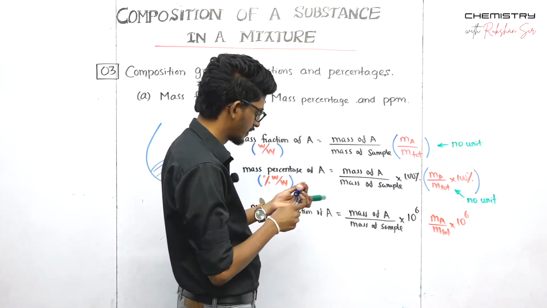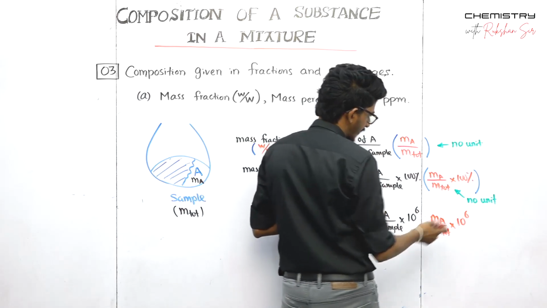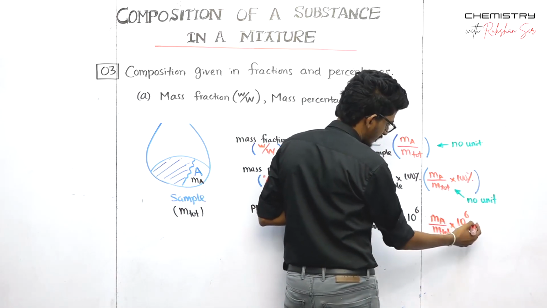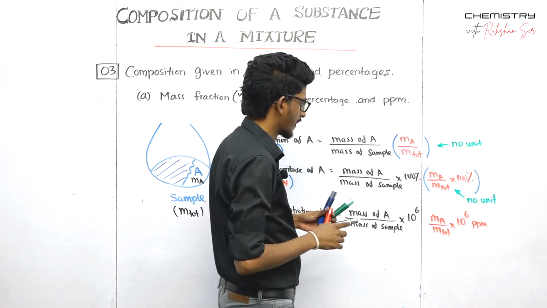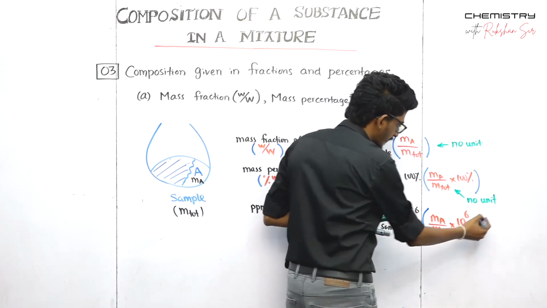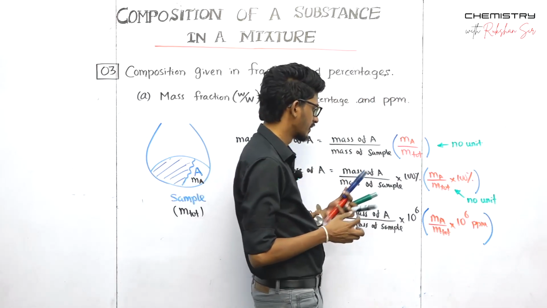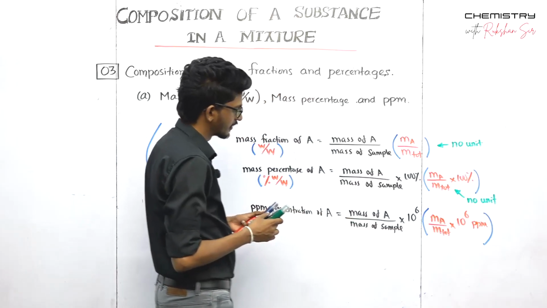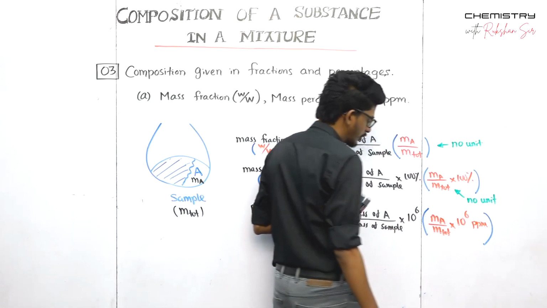That is referred to as the ppm concentration. Normally as a symbol, like the percentage sign, here you will write ppm. Again, it's a unitless quantity and won't carry any unit.